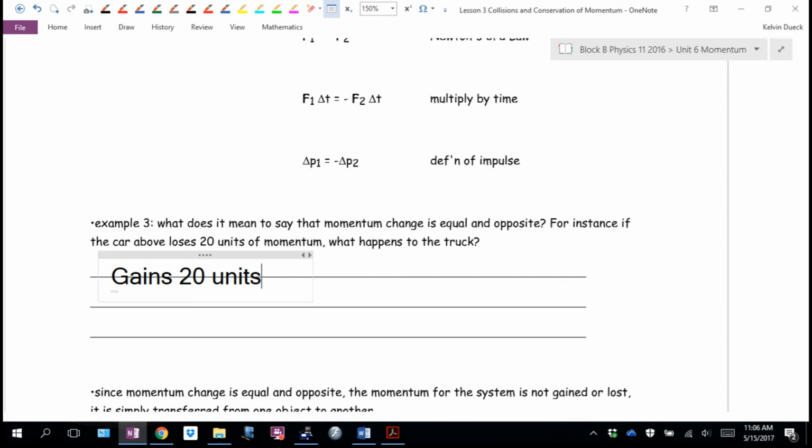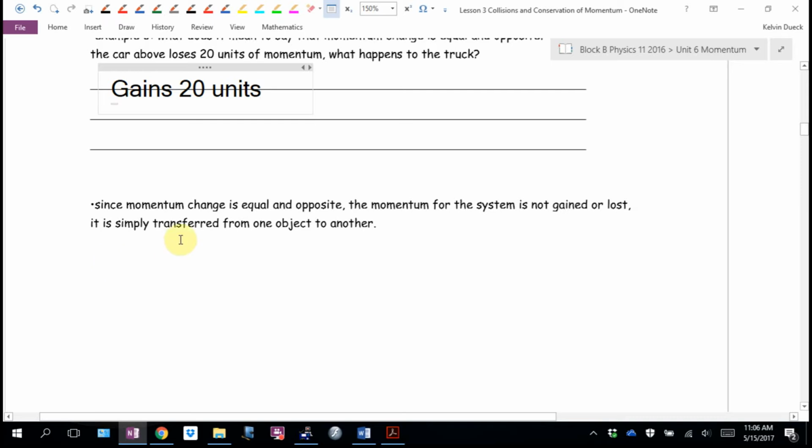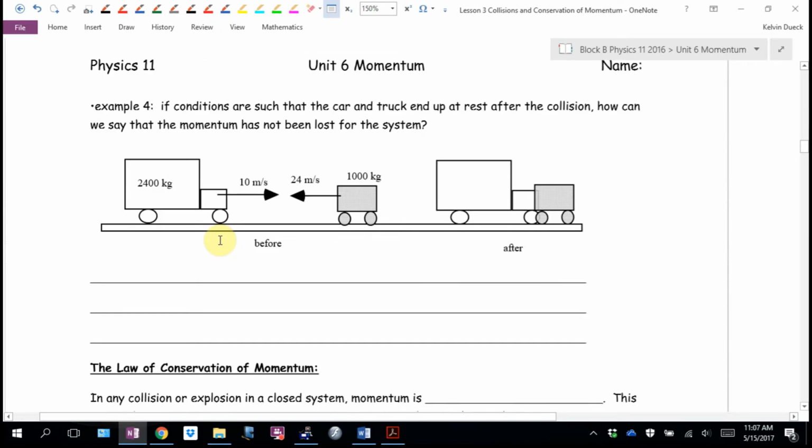We're going to give that a law. And it's a consequence of Newton's third law. This is going to lead us to what we call the law of conservation of momentum. So, since momentum change is equal and opposite, the momentum for the system is not gained or lost. It's transferred from one object to another. Wait a minute, Mr. Dewick.